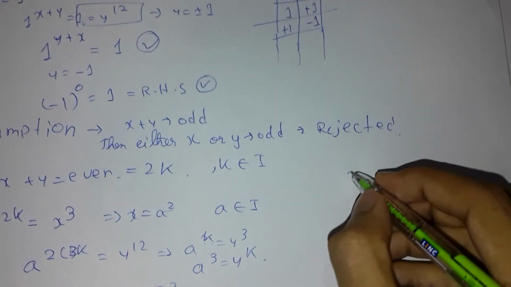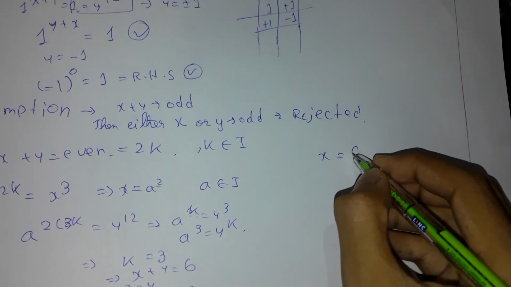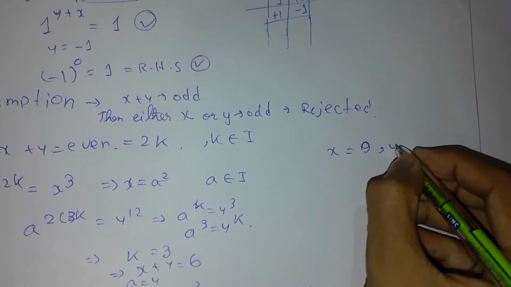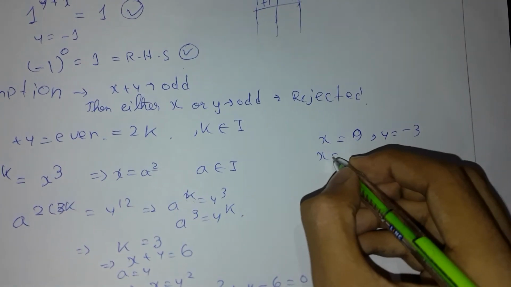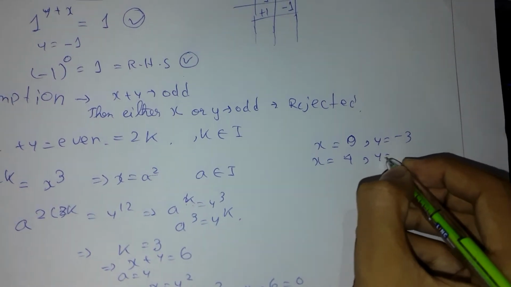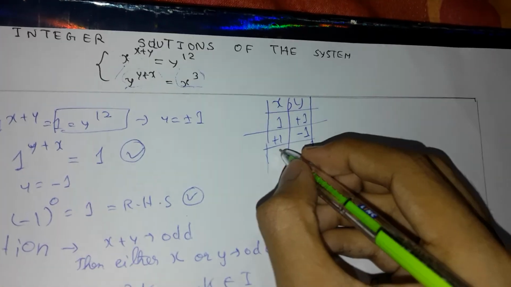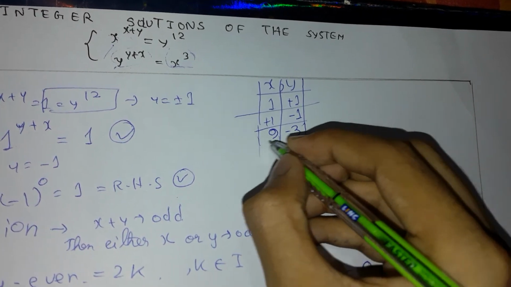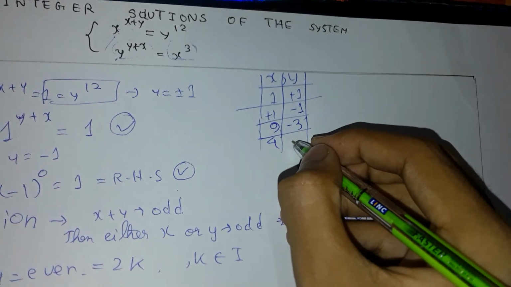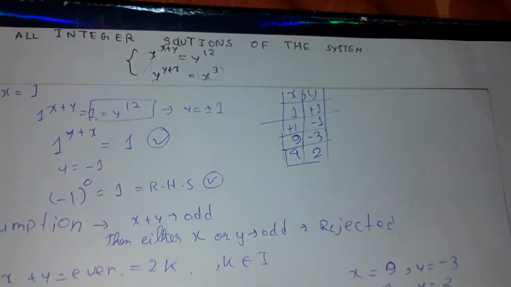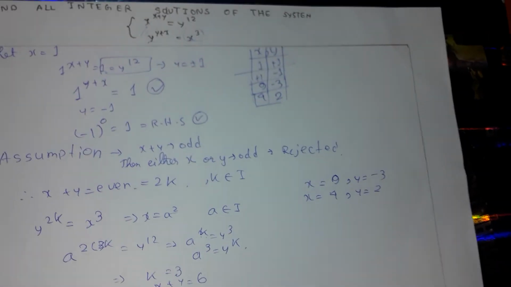So thus x can be 9, that is y squared, when y is minus 3, and x can be 4 when y is 2. Thus we get another two solutions. And these are the four possible solutions, all possible solutions for this set of equations.